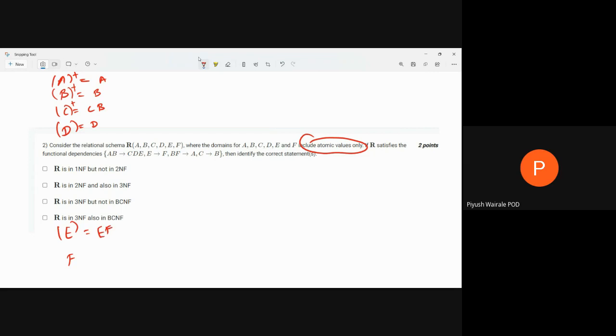No. Closure of F, no. So no individual attribute is a candidate key. Now let us take combinations: AB, then AC, then AD, then AE, then AF.